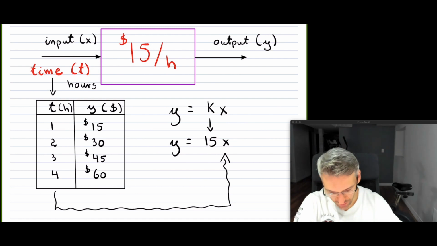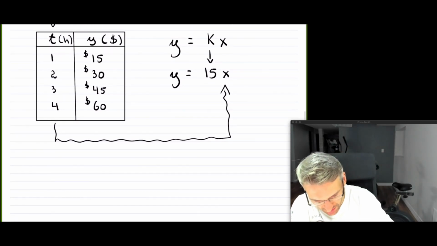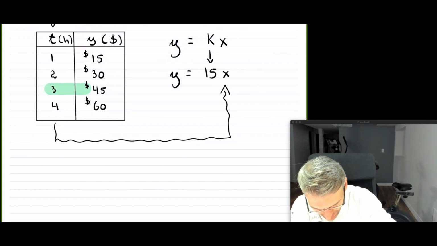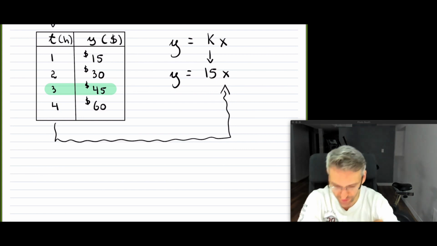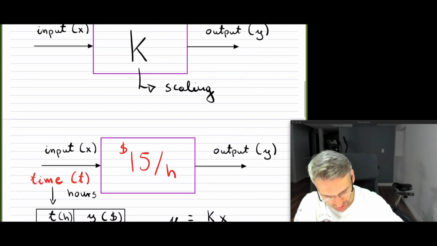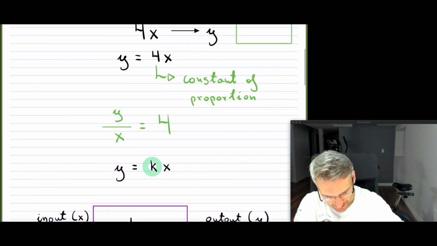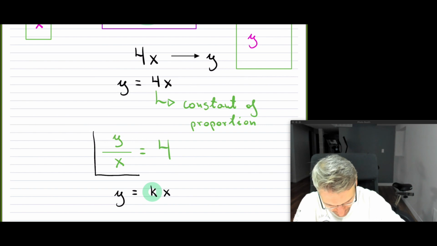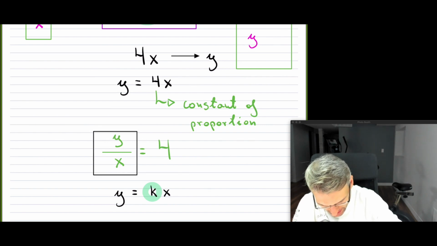So notice if we take anything from this, let me make this bigger in terms of highlighting. If I take this line where you work for 3 hours and you get 45, you would maybe recall that what I said here is that you can scale these, and your constant of proportionality will come out.